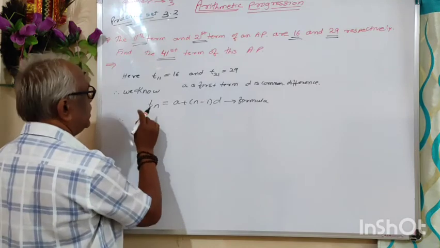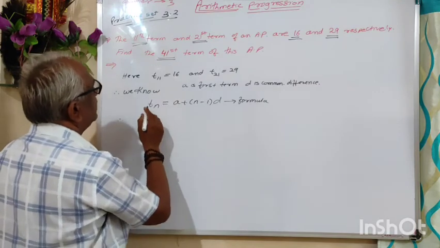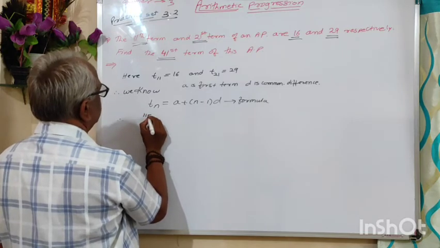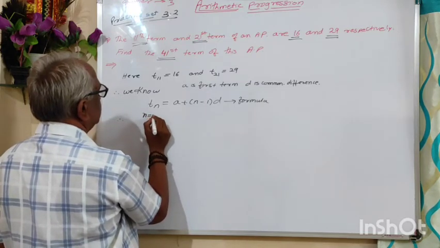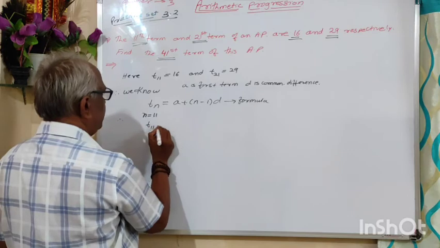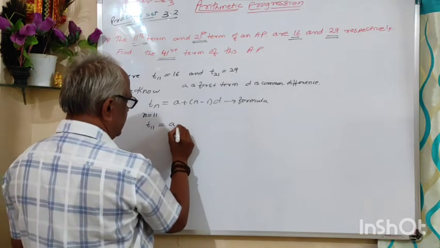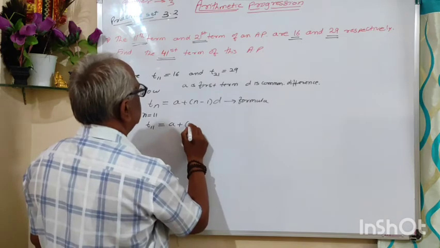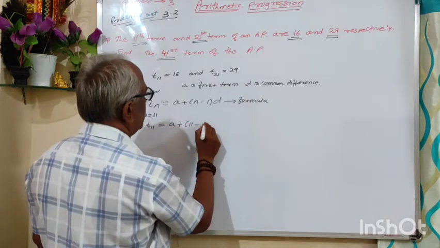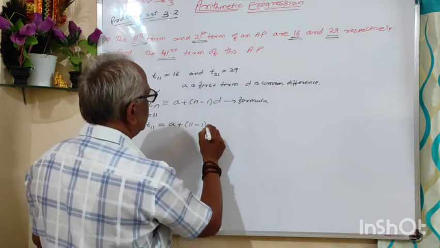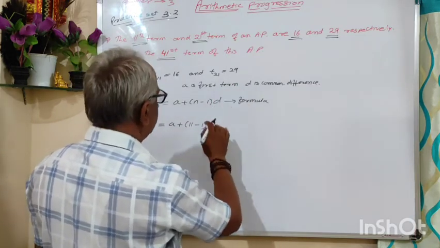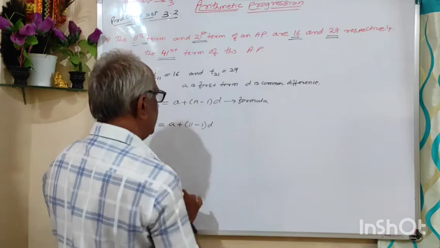Therefore, now for T11, n is equal to 11. So T11 is equal to A plus in bracket 11 minus 1 into D. We don't know D, the common difference, so we are writing it as it is.